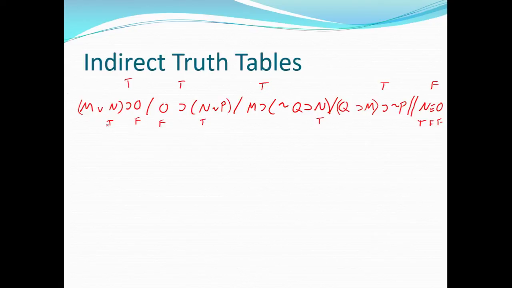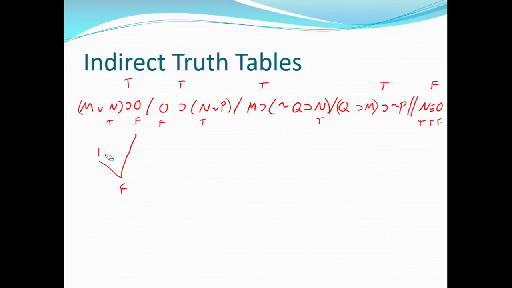If you look at this first premise, if you're trying to make that true, but you've already called your O false and your N true, you can't make this premise a true premise, because if you plug in a true for your M, that wedge is true, and then the horseshoe is going to be false. That's if M is true.